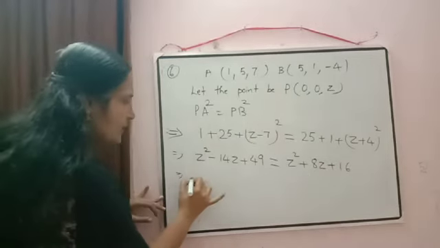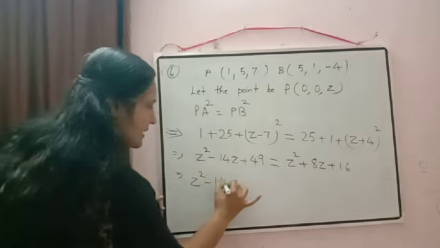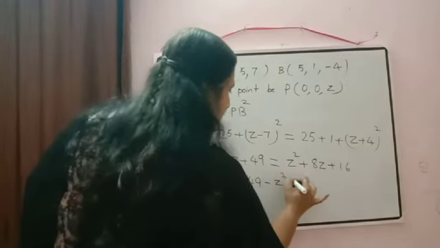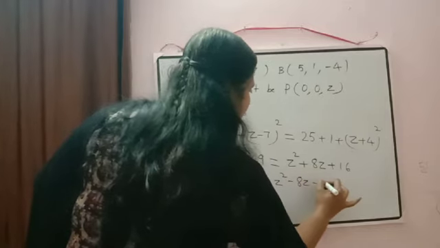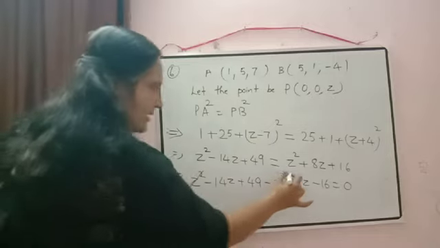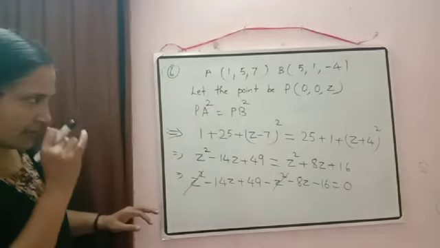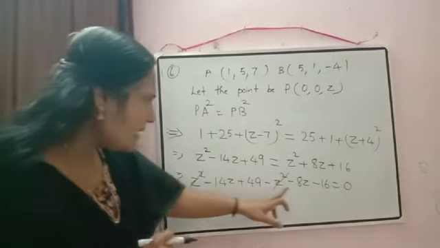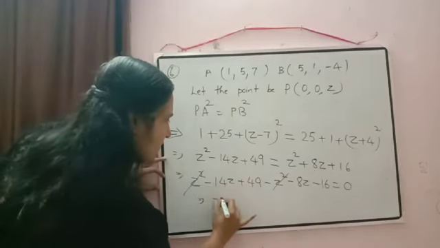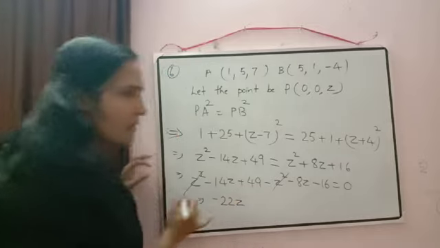Now we can shift all the expression to left hand side. Minus 14z plus 49 minus z square minus 8z minus 16 is equal to 0. z square and minus z square cancelled. Then minus 14 minus 8, so that will be equal to minus 22z.